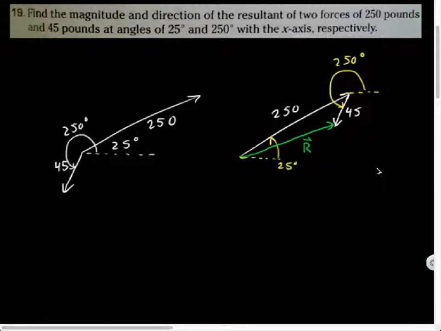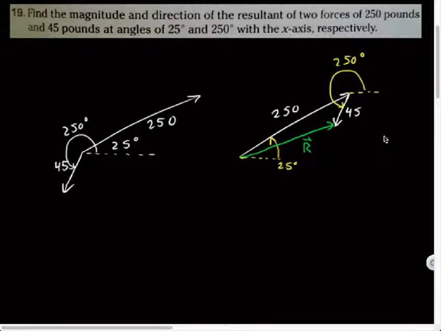I'm going to have to figure out some of these interior angles of this triangle, I think. If I could find one of these angles, that would be good. But the problem is neither of them are 250 or 25. They're less than those.